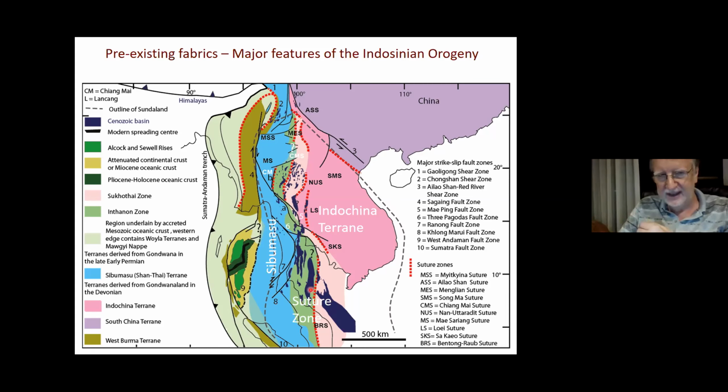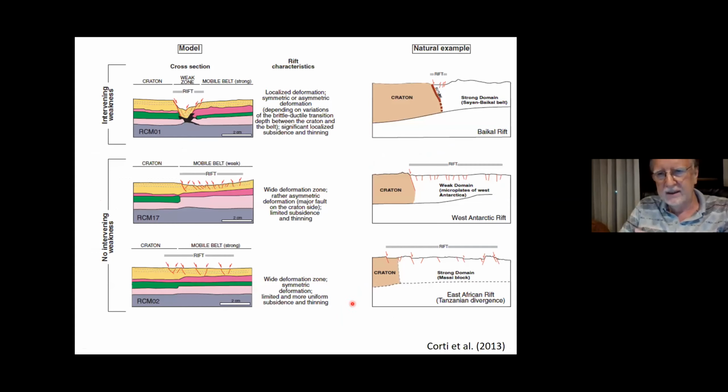And so you can see that the rifts in Thailand and Malaysia here are very much focused on the suture zone. And this model that Corti et al. did, the analog modeling here, trying to mimic a cratonic block and a mobile belt, which is weaker than the craton, and then there can be an even weaker zone that really localizes the rifts, or the rifts become wider, where we just have the mobile belt and no particularly discrete, highly weak zone.